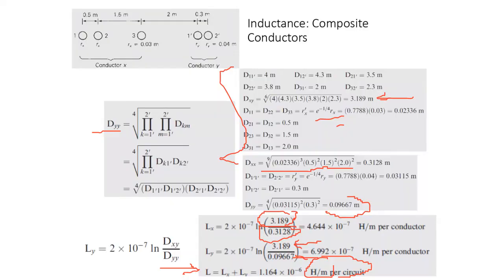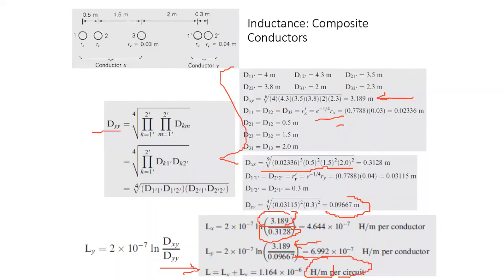That's what you put on the circuit. L, which is LXY, is LX plus LY, you add them. That's the inductance. Multiply by 2 pi f, and it will give you the reactance, which is X.